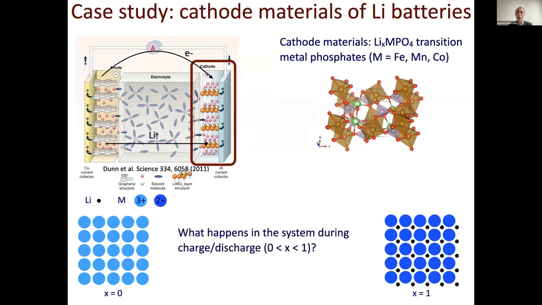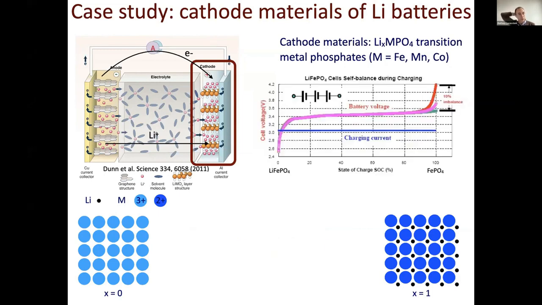So there are several questions. The main two we want to answer are what is the energetics of this process, and what happens in between during the charge or the discharge of the battery, in terms of the materials that are involved in the construction of the cathode.